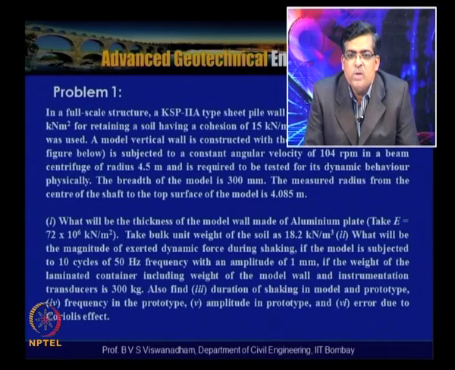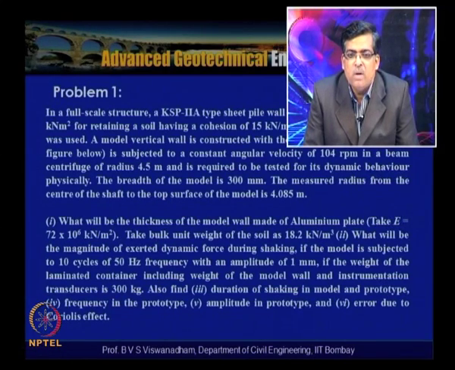Now we are required to find the thickness of the model wall made of aluminum plate, taking E equal to 72 into 10 to the power of 6 kilonewton per meter square, that means 72 gigapascals, and taking the bulk unit weight of the soil as 18.2 kilonewton per meter cube. We also need the magnitude of the exerted dynamic force during shaking if the model is subjected to 10 cycles of 50 cycles per second frequency with an amplitude of 1 mm.